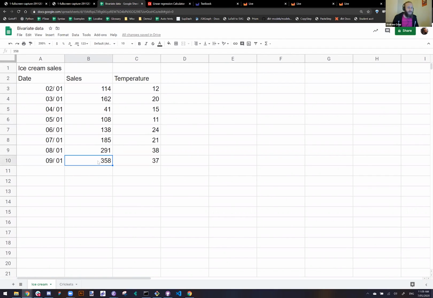But here, at the end of the week, it got really hot and there was a huge number of sales, more than 3 times what it was on the 11-degree day. So as a fine purveyor of ice creams, you might think to yourself, on this day when it was 15 degrees, maybe there was a whole bunch of ice cream that you made that's not fresh anymore and you can't sell it.